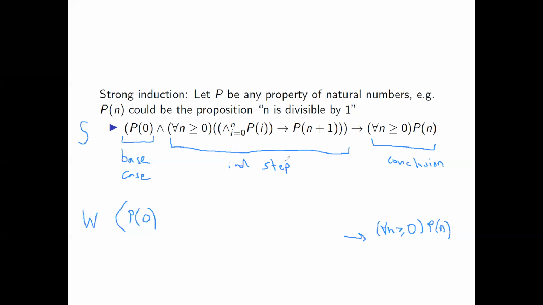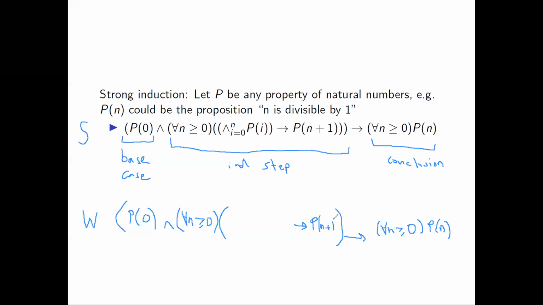The difference, though, is in that inductive step. So the quantifier in front, the for all n greater than or equal to 0, that's still common between the two. And the end of it is still the same, the P of n plus 1.